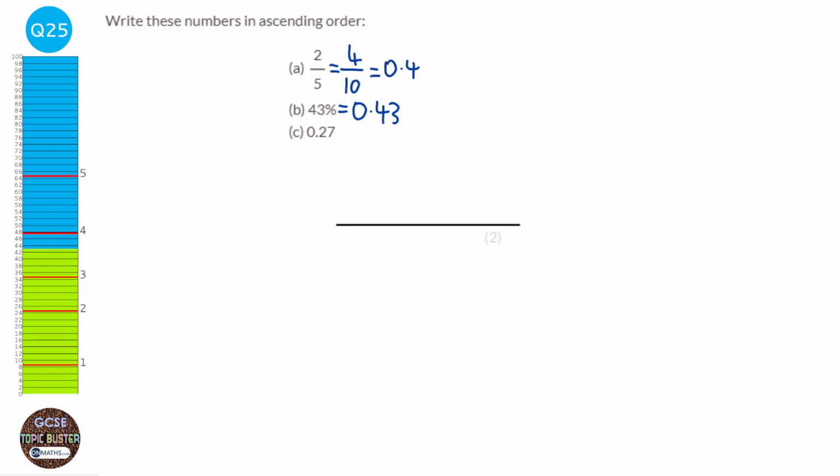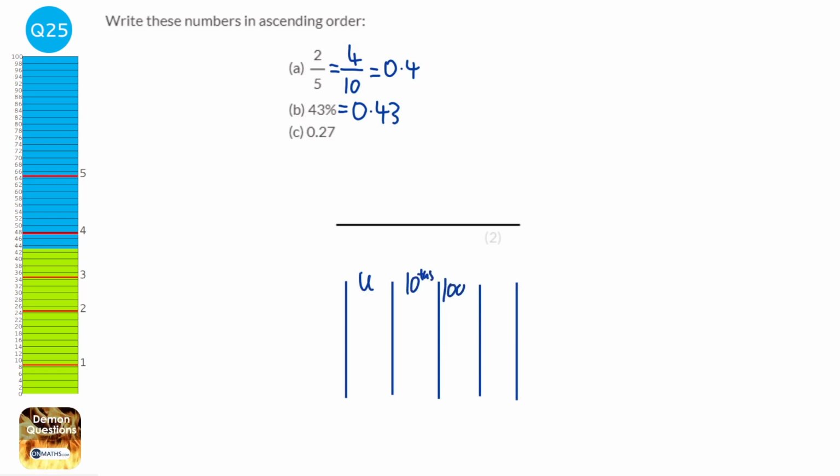Then I'm just going to put all of these numbers in a place value grid. And we've got units, tenths, hundredths. Shouldn't need any more than that. So we've got 0.4, 0.43 and 0.27.